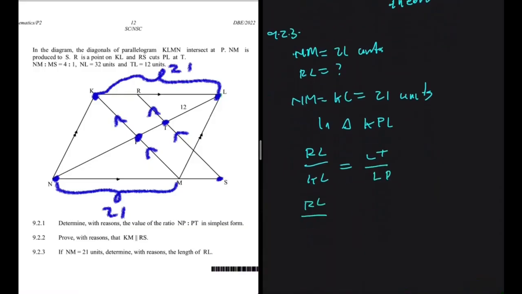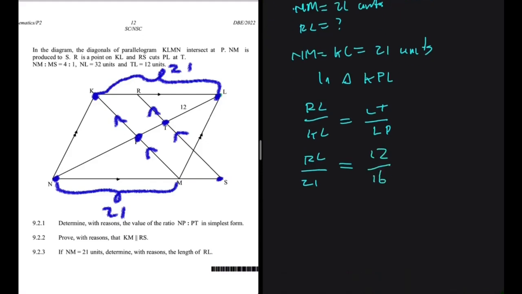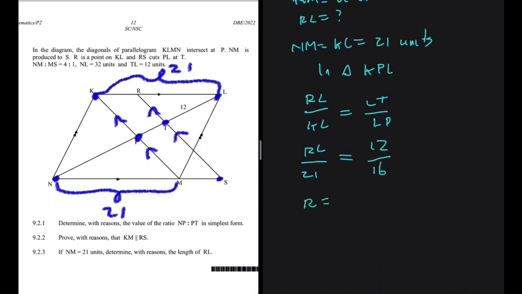We know that KL is 21, right? And then LT is 12 units, and LP is 16 units. So RL will be equal to 21 multiplied by 12 divided by 16, which is equal to 15.75 units.